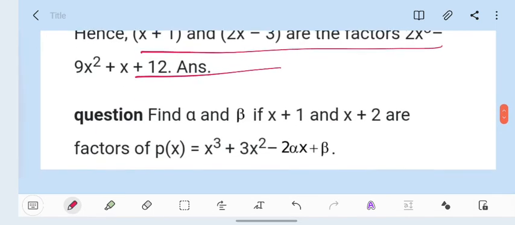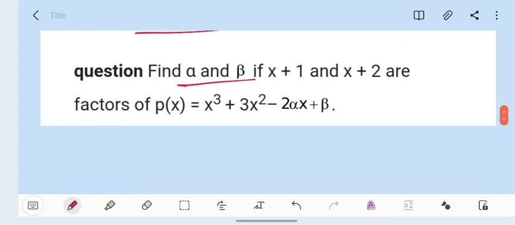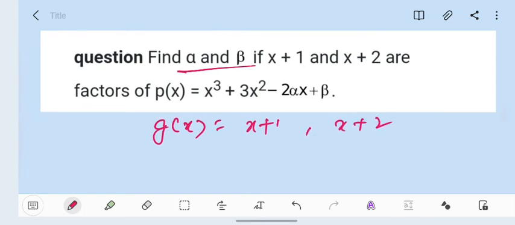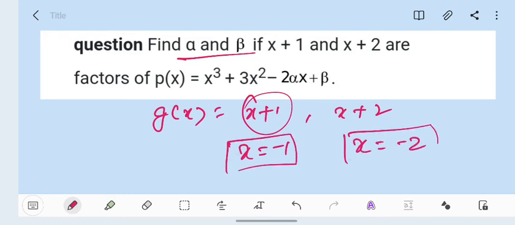The next question is for you. Find alpha and beta if x plus 1 and x plus 2 are the factors of x cubed plus 3x squared minus 2ax plus b. For this question, g(x) equals x plus 1 and x plus 2. So from here you get the value of x as minus 1, and from here x equals minus 2.